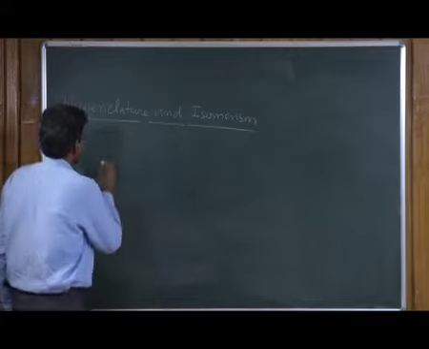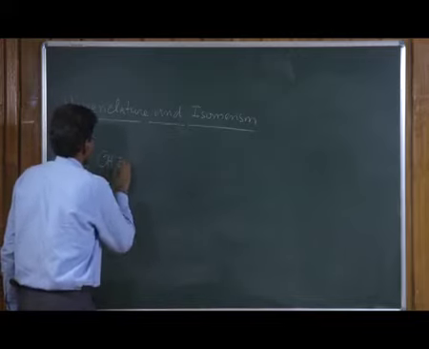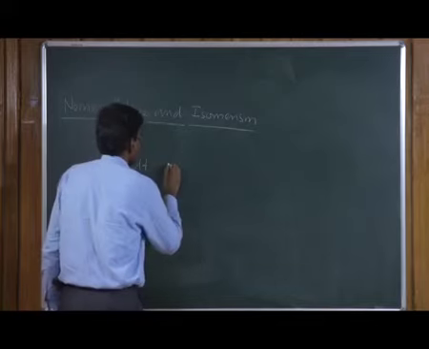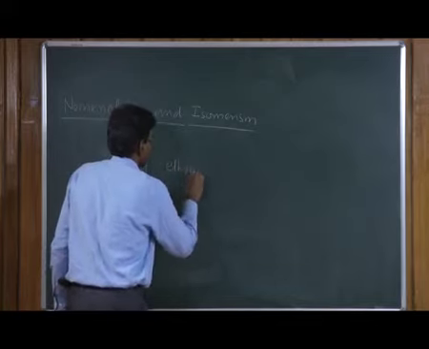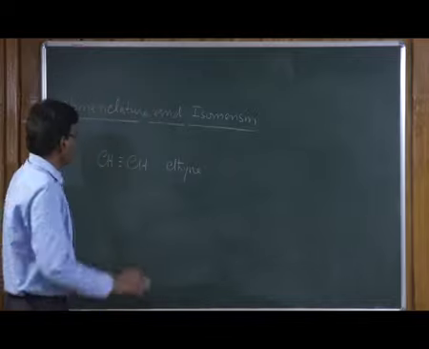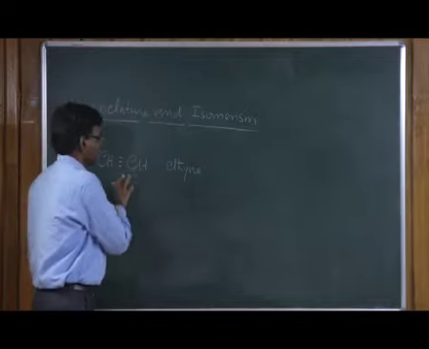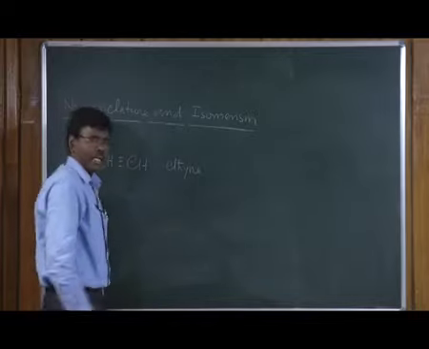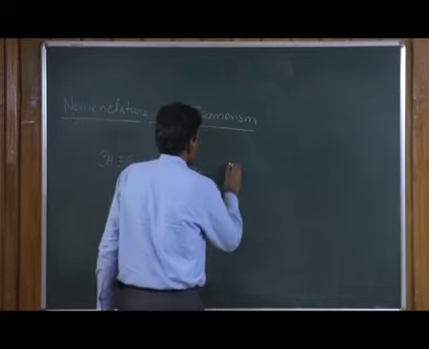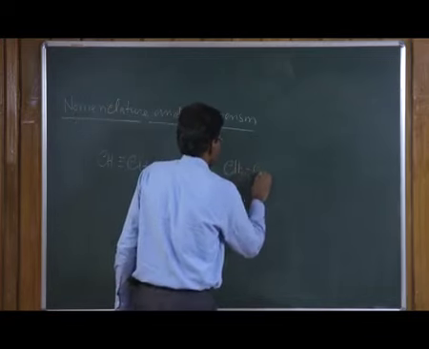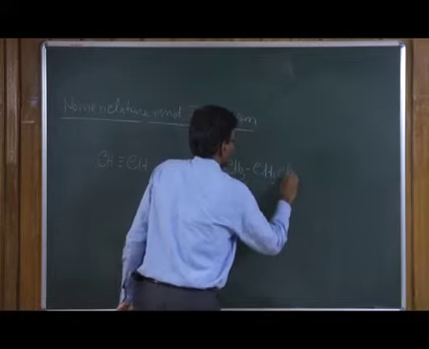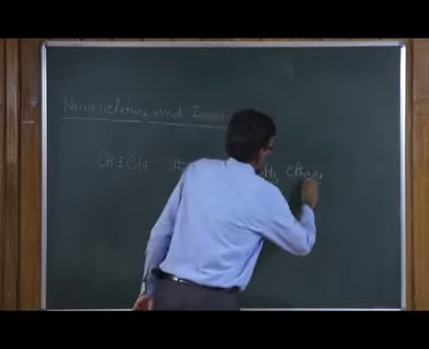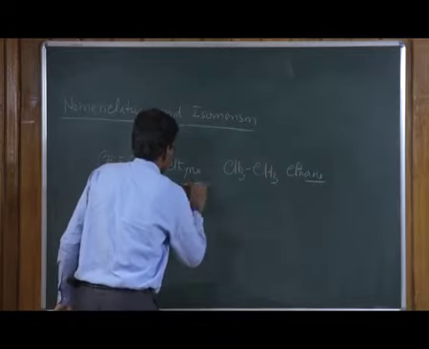For example, this is the first member of the alkyne series. The IUPAC name of this alkyne is ethyne. The corresponding alkane is ethane. If you look at it, the suffix ane has been replaced by yne.